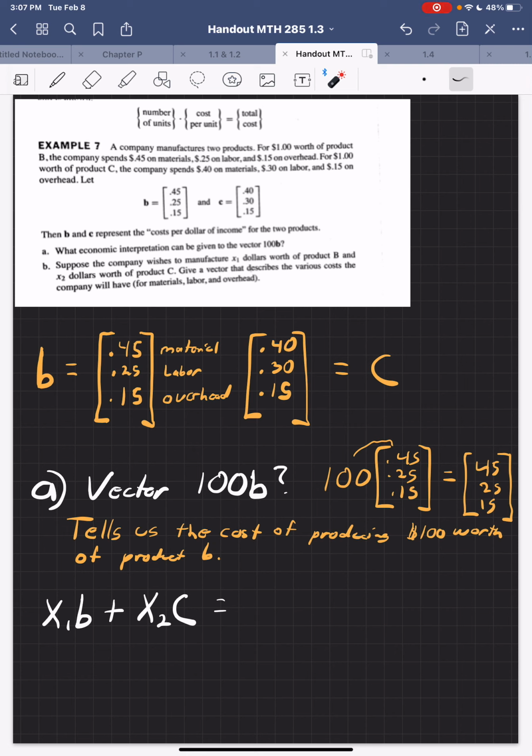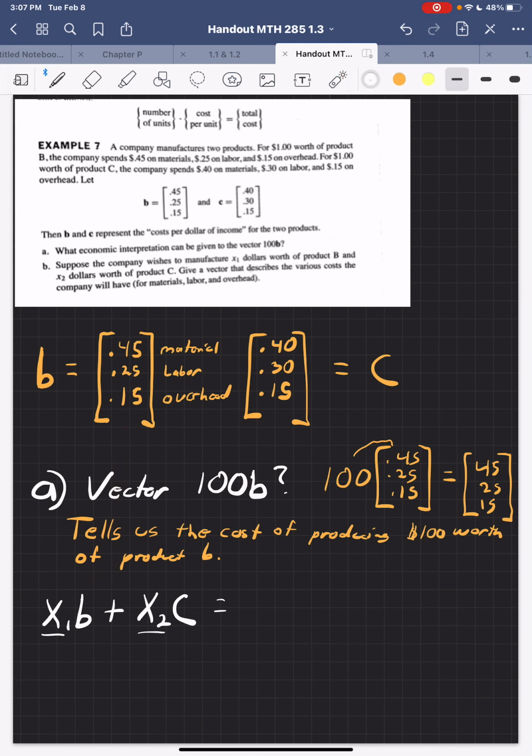In this scenario, let me make sure that we understand the question. Give a vector that describes the various costs the company will have for materials, labor, and overhead. And I actually have done that right here. Let's say that once you choose an x sub 1 and an x sub 2, now you can imagine plugging B in here and C in here.